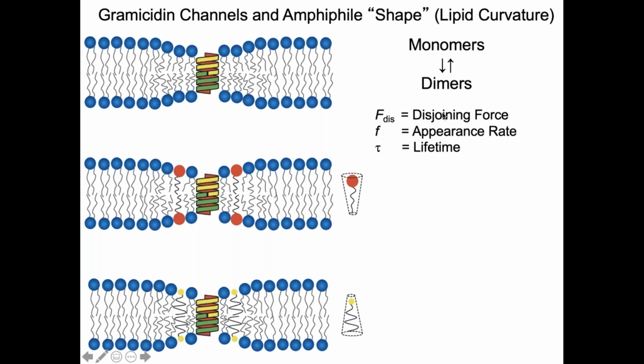I already introduced to you the disjoining force. It is the force with which the bilayer tries to pull the dimer apart. If you have an increase in the disjoining force, then we will see that in the channel appearance rate, which is the frequency at which channels appear, and also in the lifetime.